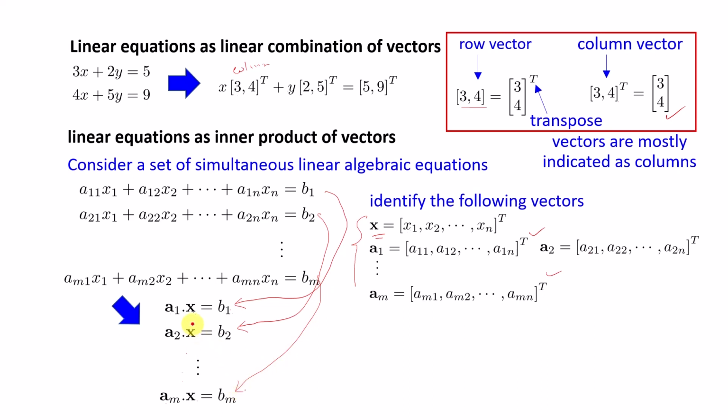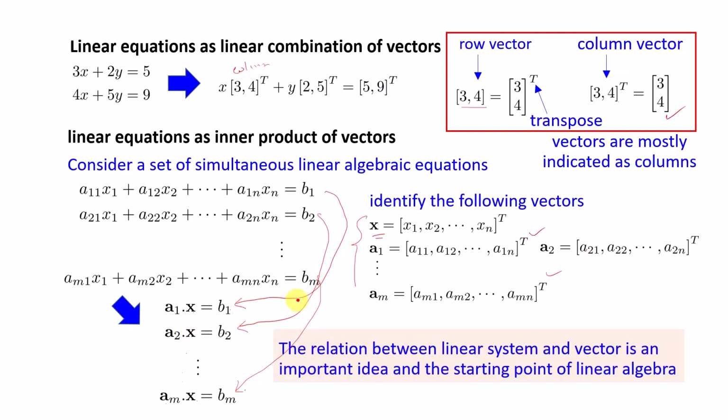So you can see every equation we can write in a short form here. The left hand side of every equation is basically the dot product of two vectors. This kind of relation between linear equations and vectors is very important in linear algebra, and this is actually the starting point of the theory of linear algebra.